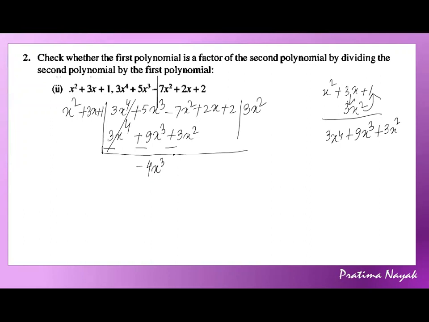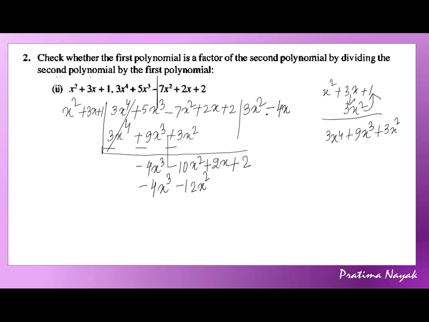Minus 7 minus 3, minus 10x square, plus 2x, plus 2. Then I'll go for minus 4x, so it will be minus 4x cube. Here it will be how much? Minus 12x square.